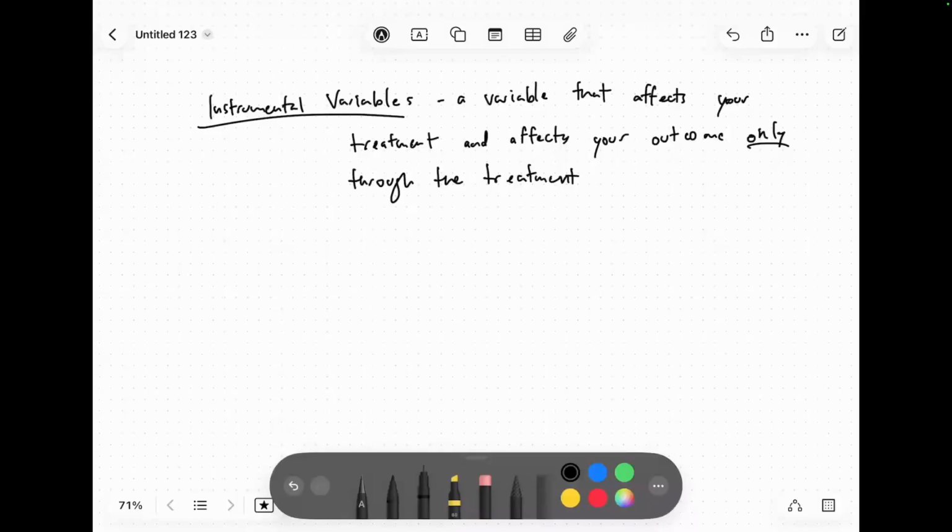Okay, so in a causal diagram, this might look something like this.